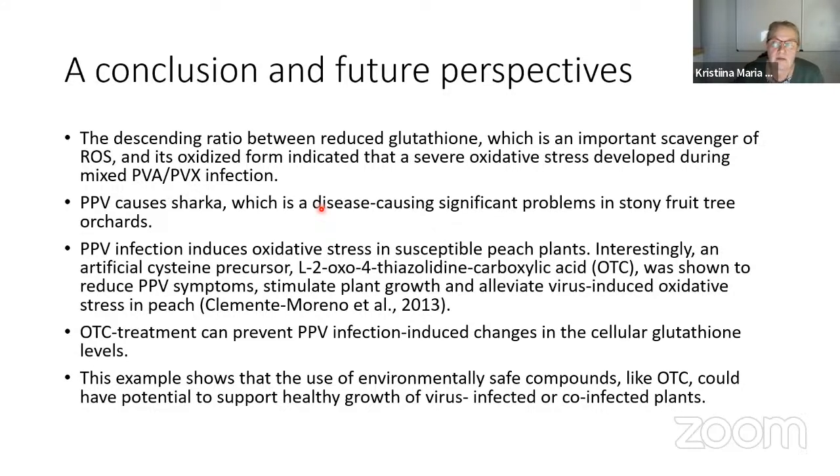Then we were talking about this plum pox virus, which is a potyvirus and causes this Sharka disease in stone fruit trees.